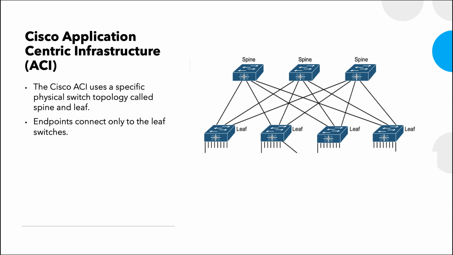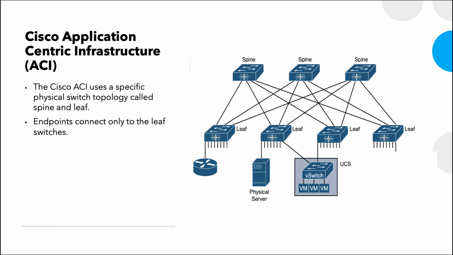The endpoints can be connections to devices outside the data center, like the router on the left, or, by volume, most of the endpoints will be either physical servers running a native OS or servers running virtualization software with a number of VMs.